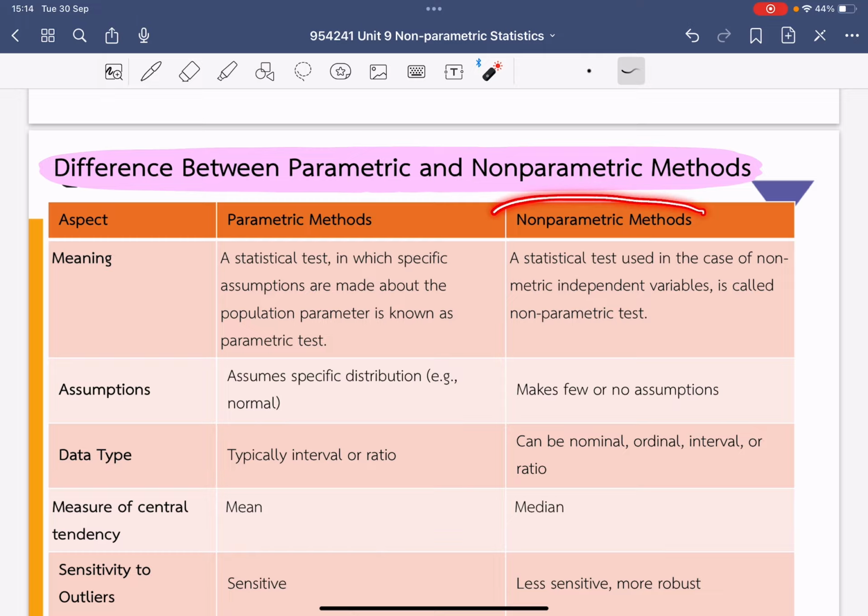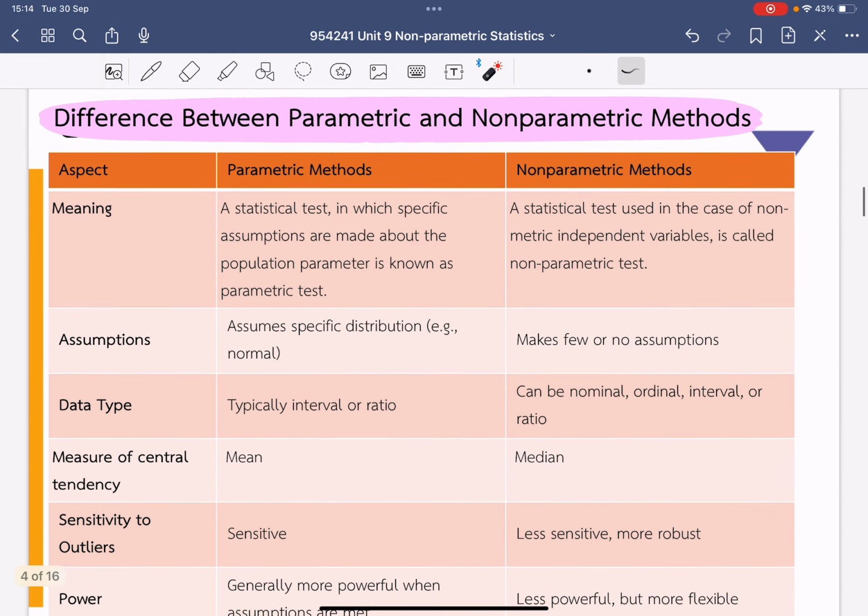On the other hand, nonparametric methods are tests used in the case of non-metric variables, and we don't need an assumption on distribution. Parametric assumes normal; nonparametric makes few or no assumptions.